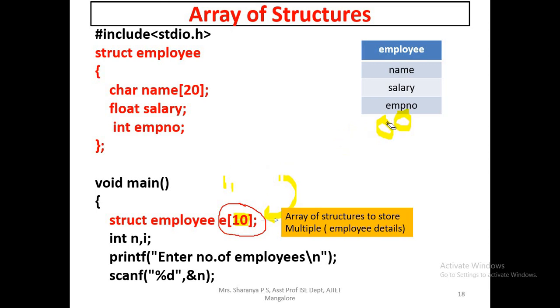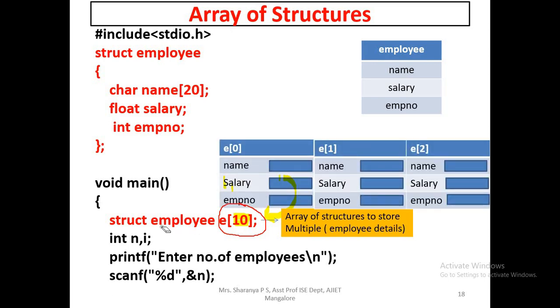Now if we look at how it will be displayed diagrammatically, first it is creating the structure by using the structure definition. The structure that we refer to is employee, with structure members name, salary and employee number. After that, with struct employee E of 10, it creates an array of structures. That is, E of 0 will have the structure members name, salary and employee number.